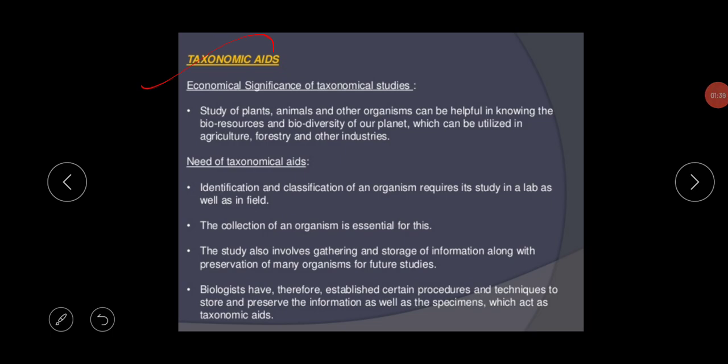But now, these laboratory and field studies are also required for study and correct identification of species. The information once gathered should also be stored for future reference.